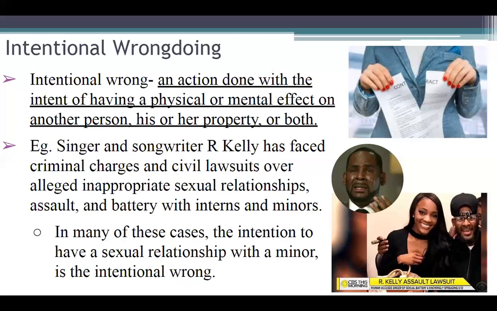And so in many of these cases, his alleged intentional wrongdoing is having a sexual relationship with a minor. That would be the intentional wrong. He knows it's a wrong thing to do. He knows that this is a thing. And so if he's allegedly taking these actions, that is the intentional wrongdoing.